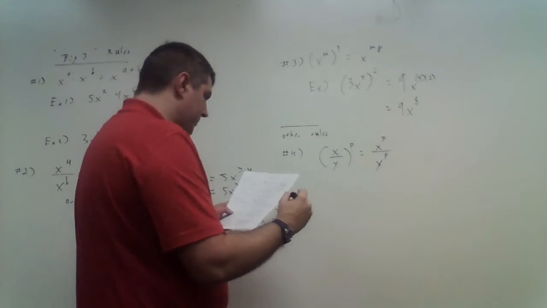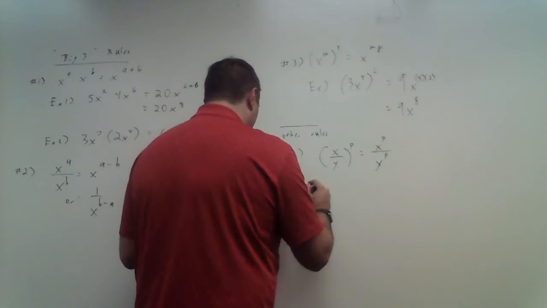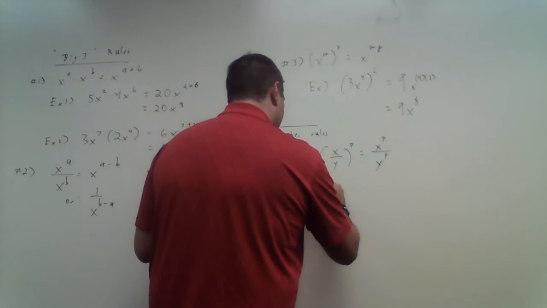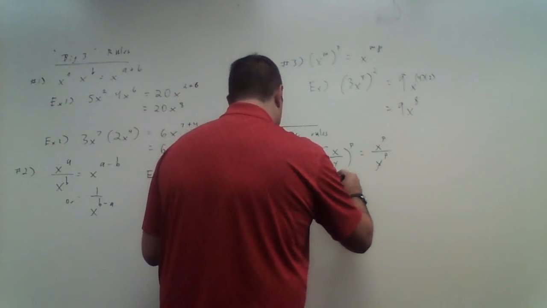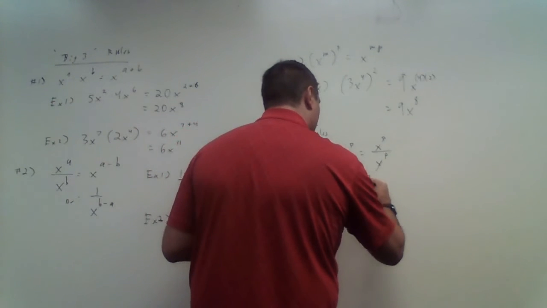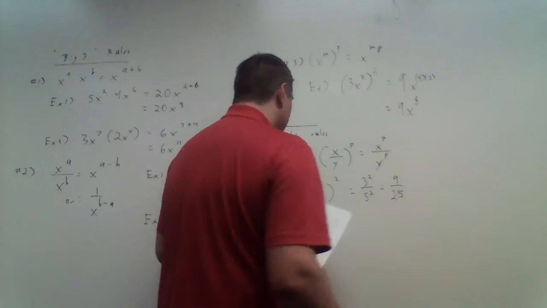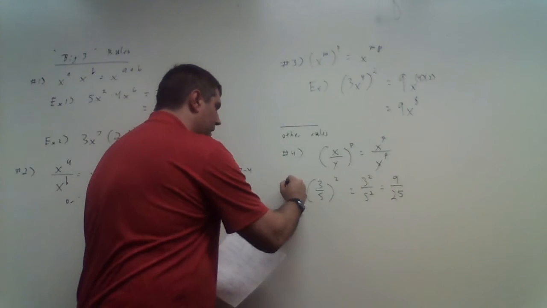So I'm going to go ahead and do both examples. 3/5 squared would be 3 squared over 5 squared, which is 9/25. So that was example 1.